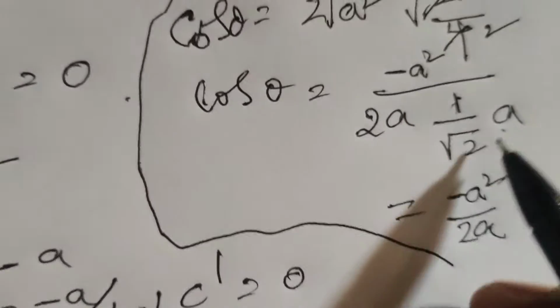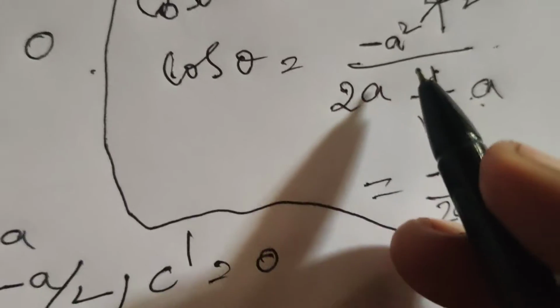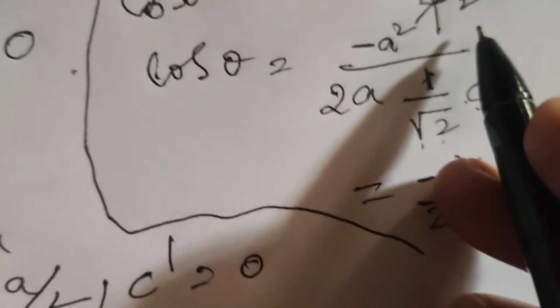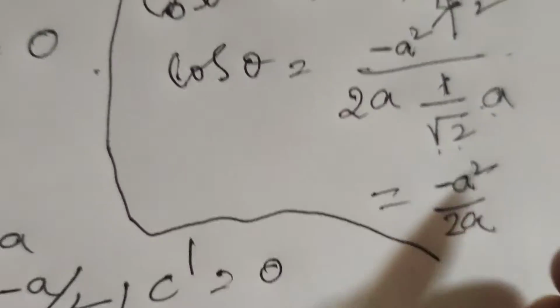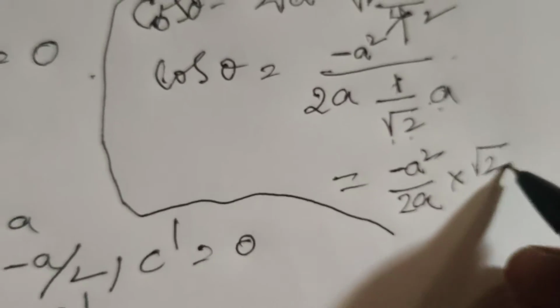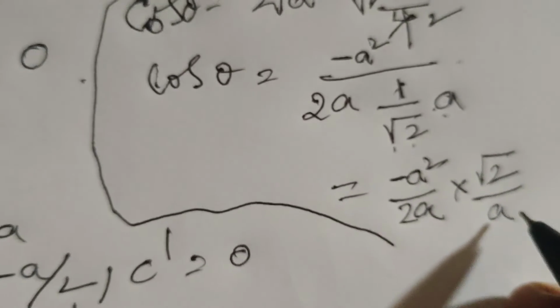Transposing, the numerator gives a/√2 in the denominator, so after transposing we get √2/a times √2/a.